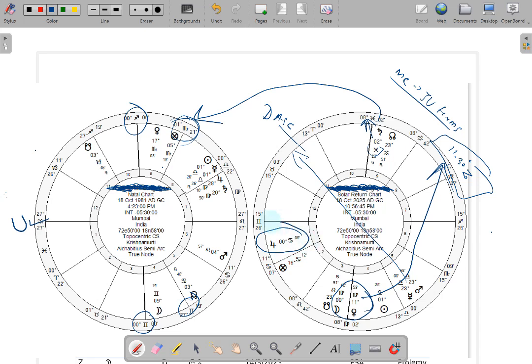So although there are some issues related to the MC, there are also some positive sides, like Jupiter, being the radix MC Lord, is in the first house of the solar return chart and exalted, and also you have Venus trining the directed MC.